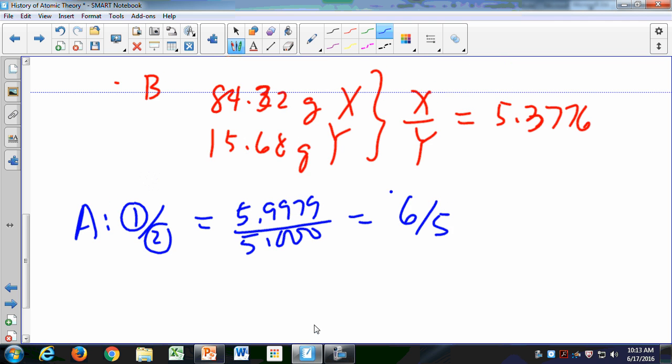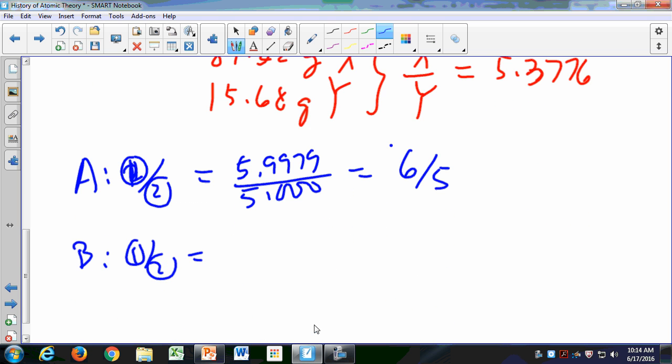For choice B, we're doing the ratio of 1 to 2, which is 5.9979 divided by 5.3776.